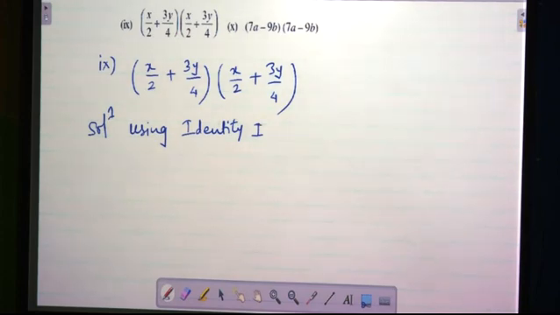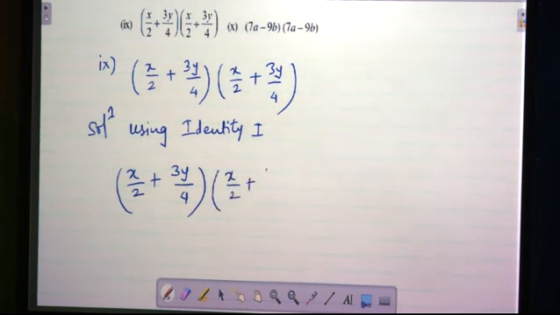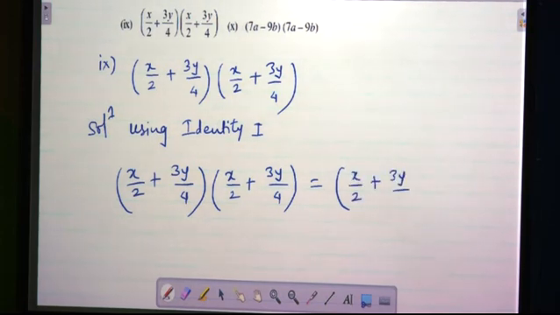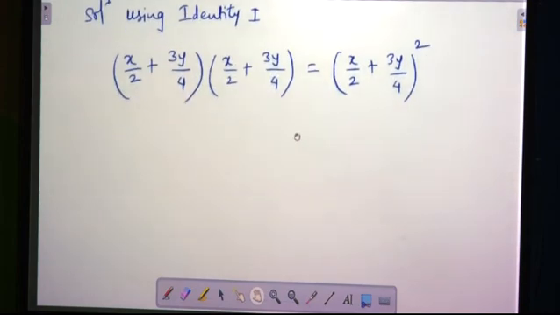This becomes what? x upon 2 plus 3y upon 4, second bracket, x upon 2 plus 3y upon 4 is equals to x upon 2 plus 3y upon 4 bracket square, a plus b bracket square.